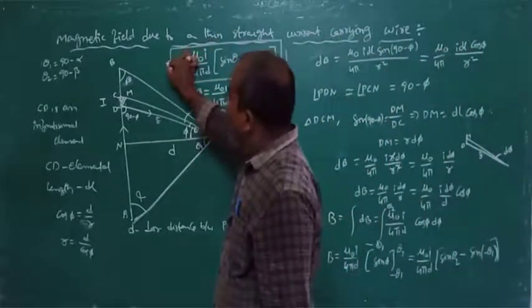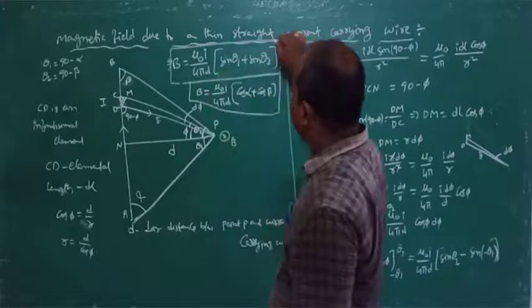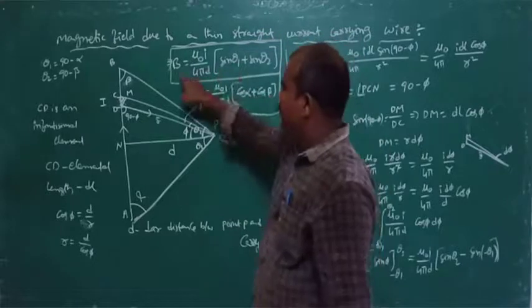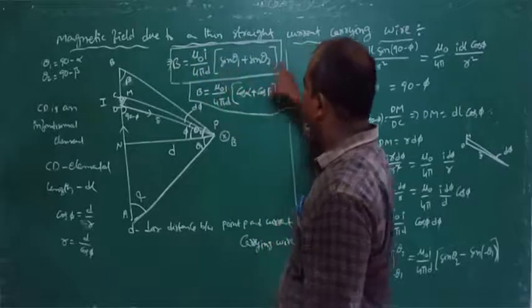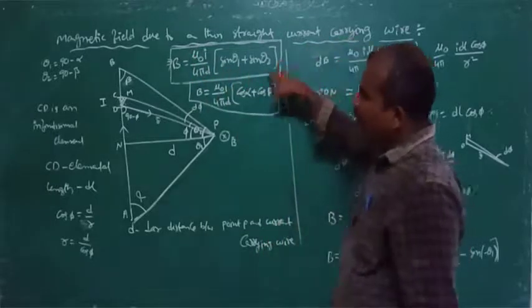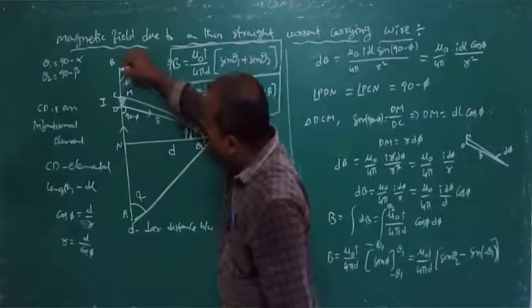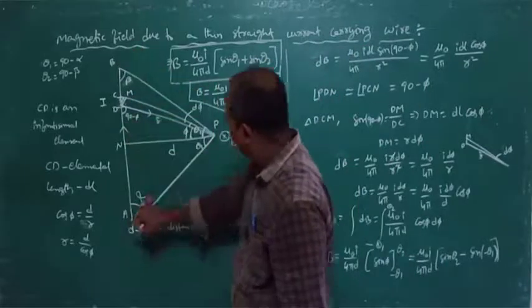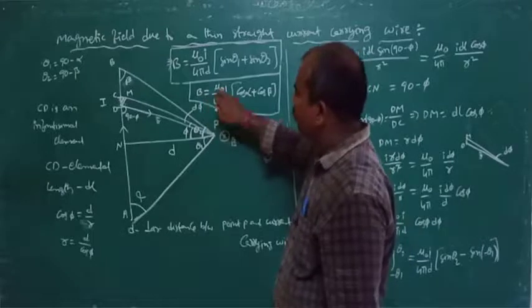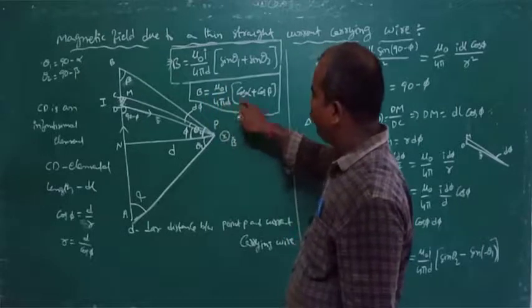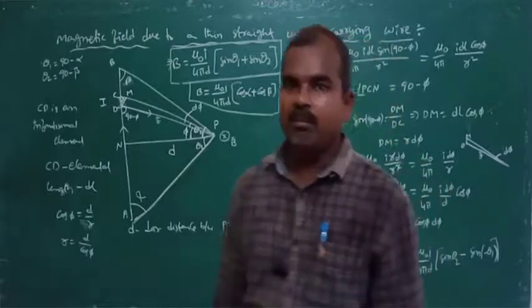Therefore, the magnetic field induction due to a thin straight current carrying wire is B equals mu naught I by 4 pi d into sin theta 1 plus sin theta 2. Or, if alpha and beta are the angles made with the wire, then B equals mu naught I by 4 pi d into cos alpha plus cos beta.